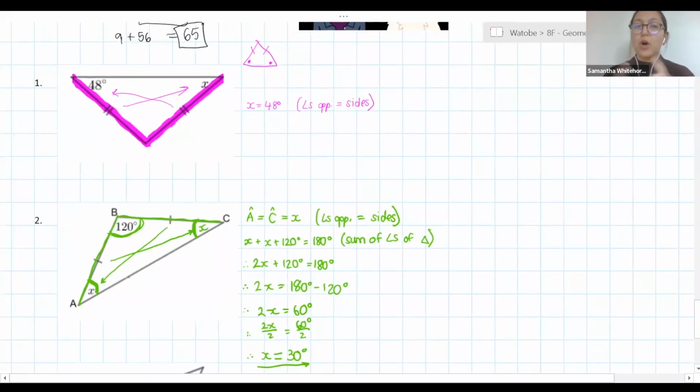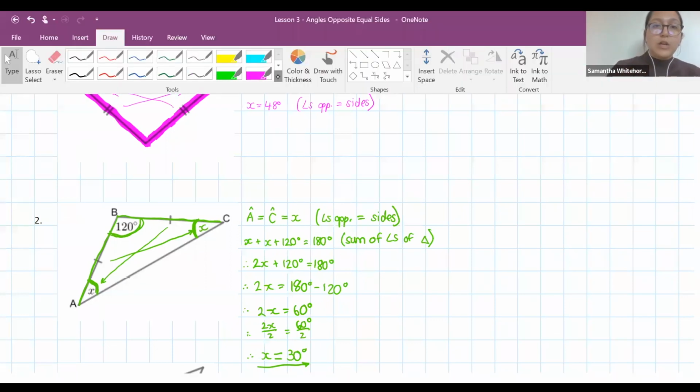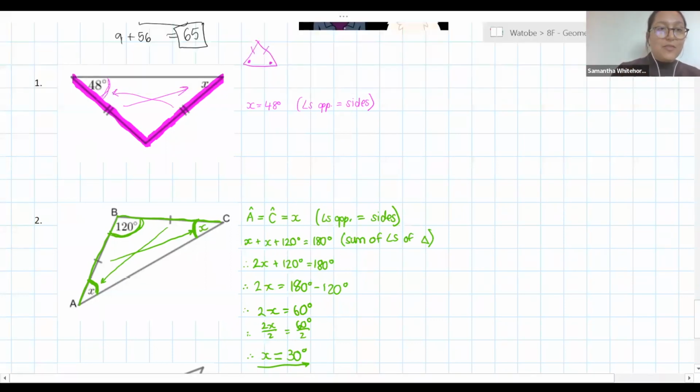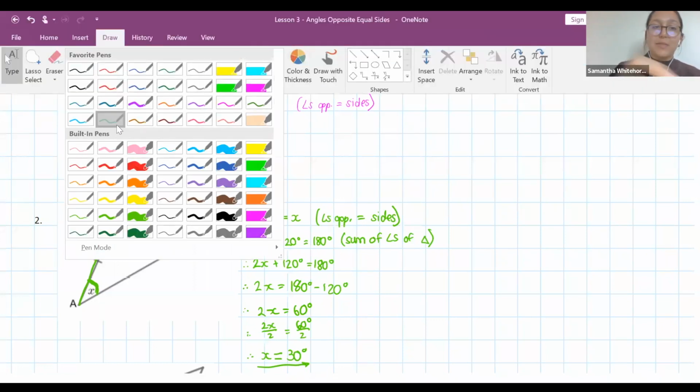The angles that were opposite the equal sides, I had one of them in the first one. So if you have a look here, I had 48. I had one of those angles that was opposite an equal side, which means finding X, the other angle opposite the equal side, was a lot easier. But in the second question, question B, my problem was that the 2 angles that should be equal, I didn't know anything about them.